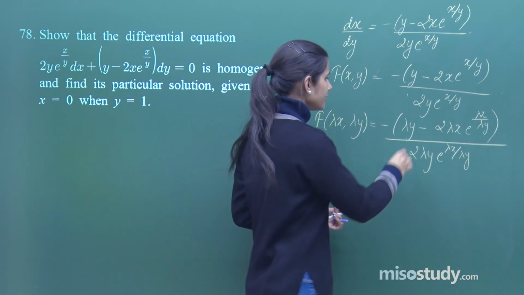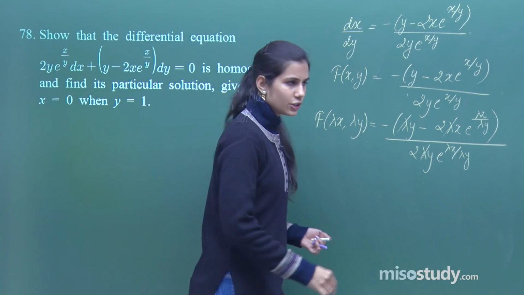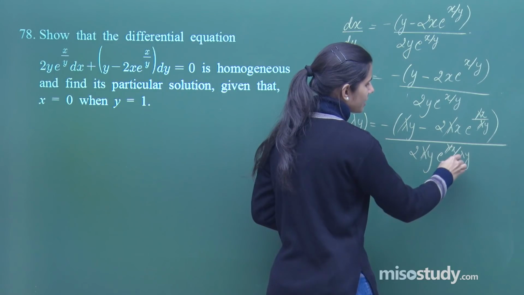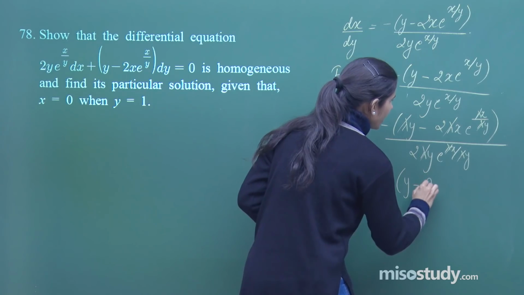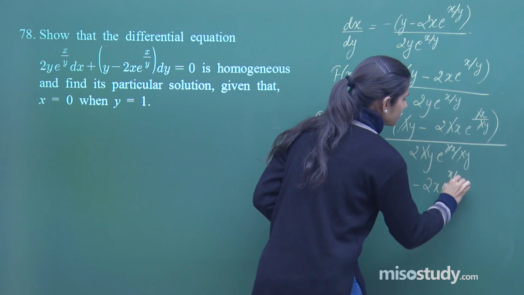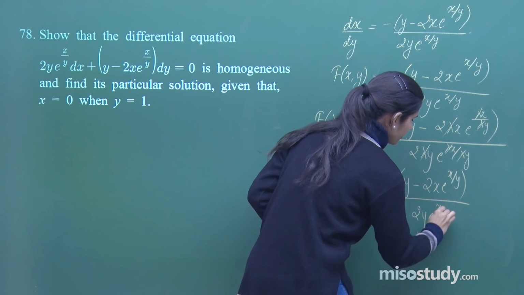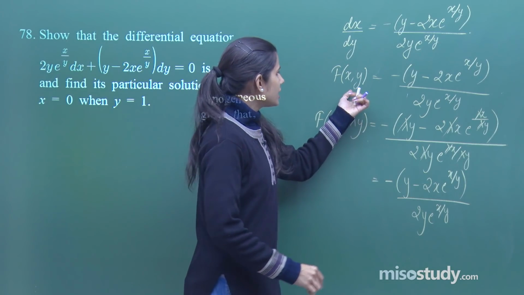So, one thing is clear that lambda comes out common from the numerator and gets cancelled with lambda from the denominator. Lambda x by lambda y gives you just x by y. So, you are left with minus of y minus 2x e to the power x by y whole upon 2y e to the power x by y, which is your function f of x comma y.